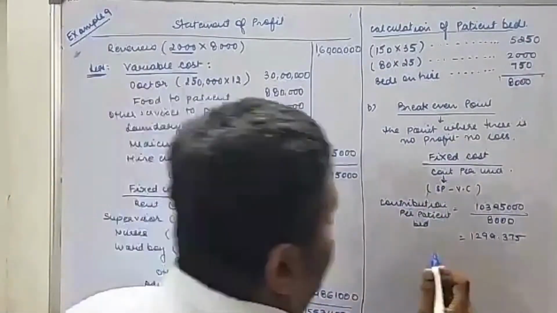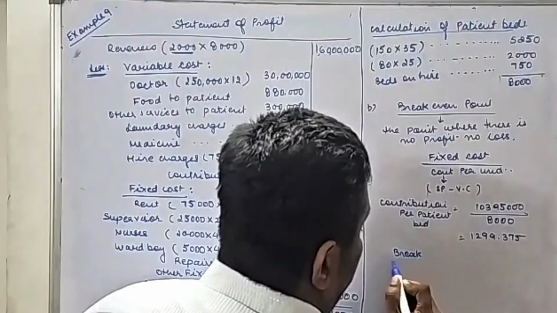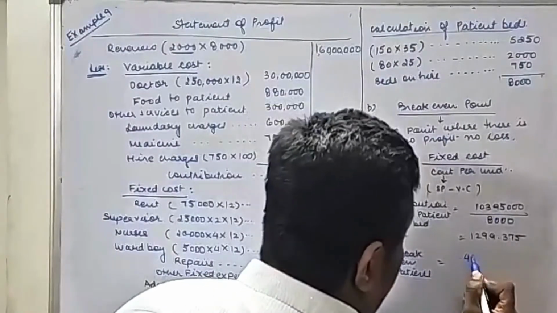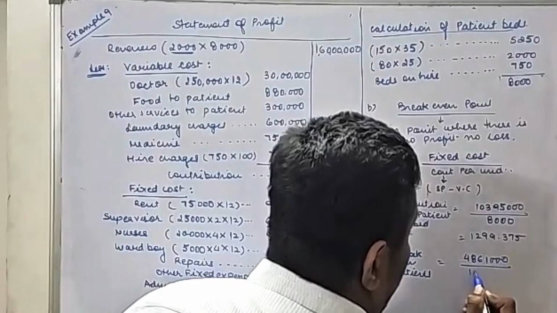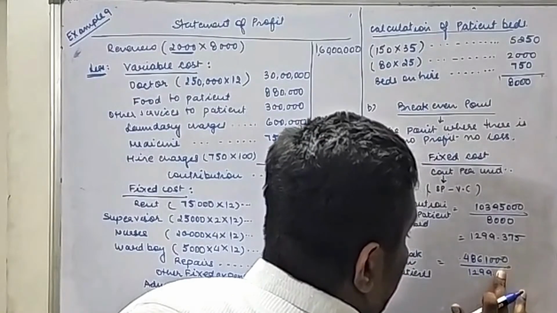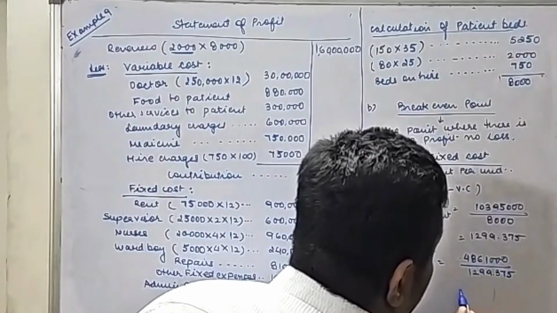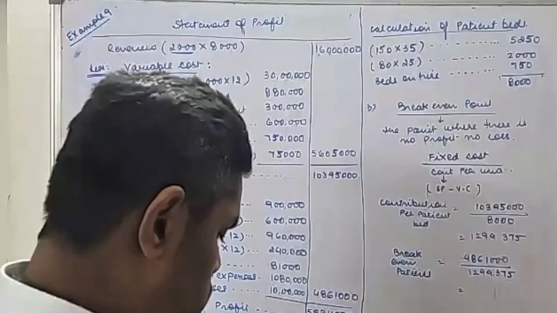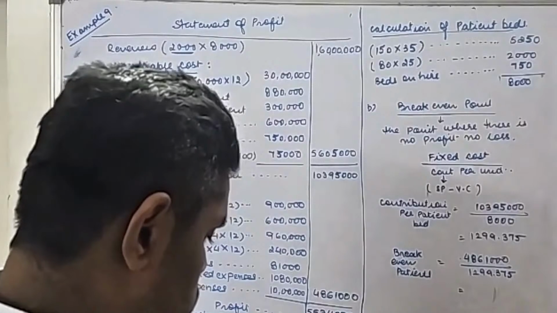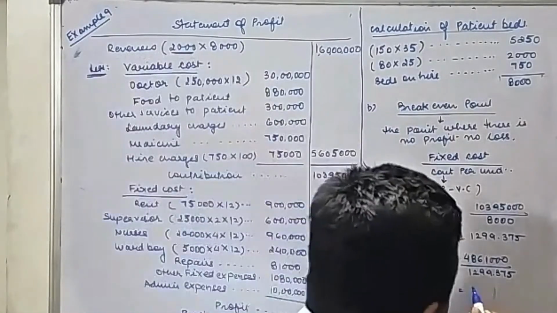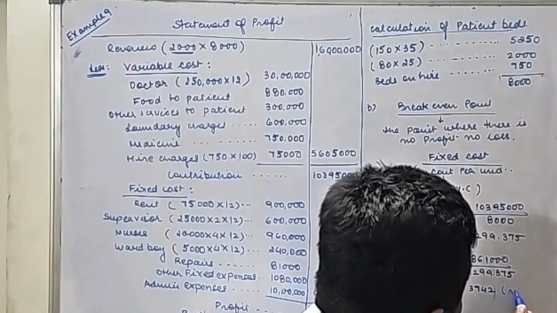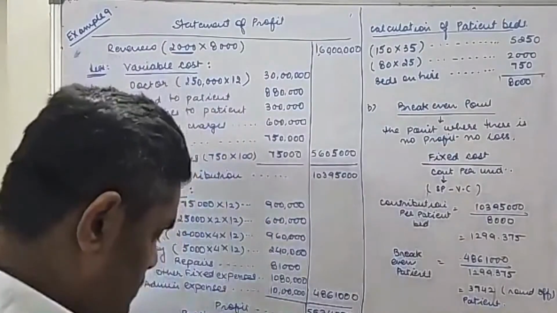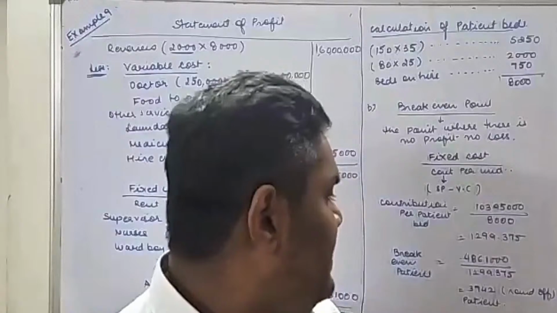So fixed cost is how much? 48 lakh. So 3741 point something I was getting.